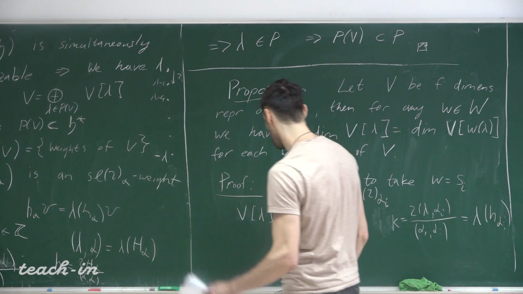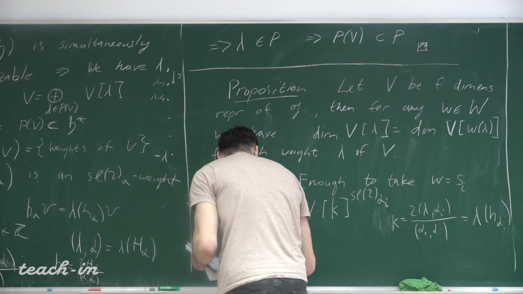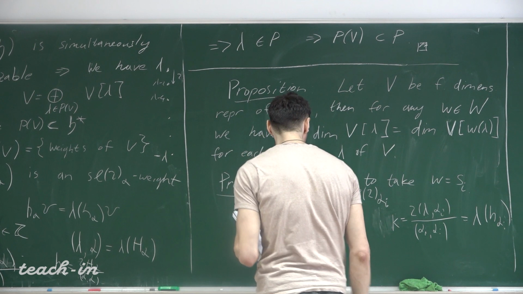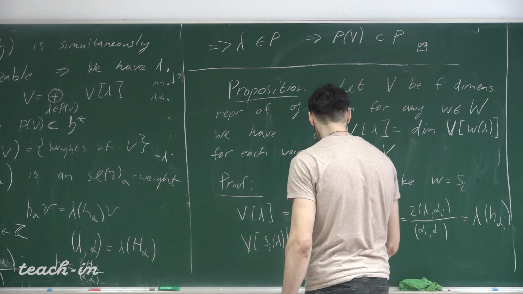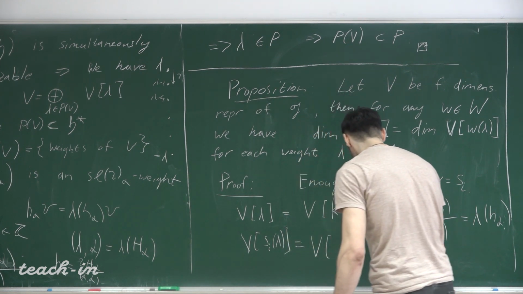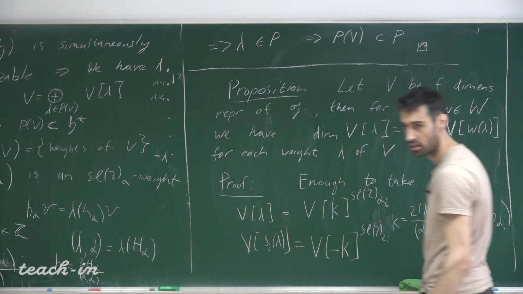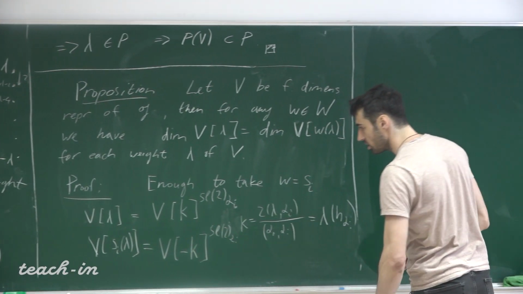But on the other hand, I claim that if I take Si and apply to lambda, this will be V weight subspace, again, of V as a representation of SL2 alpha I, but I claim that I should put negative k here. Let's check this. Right, so what Si is doing?